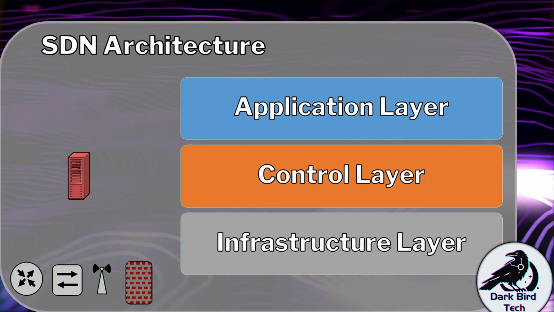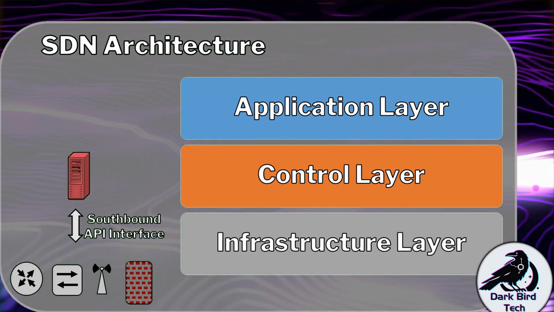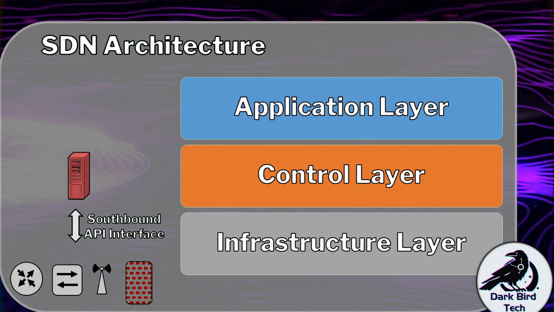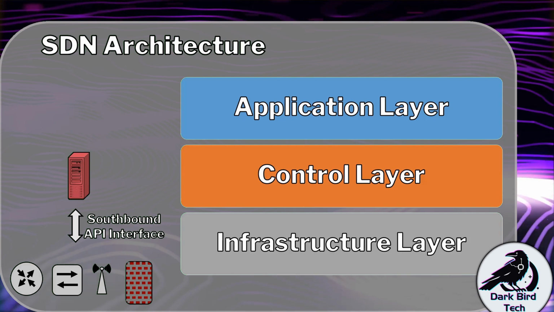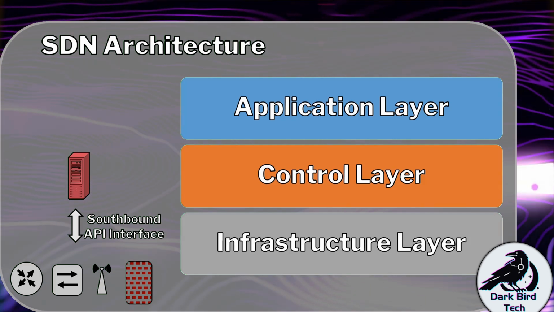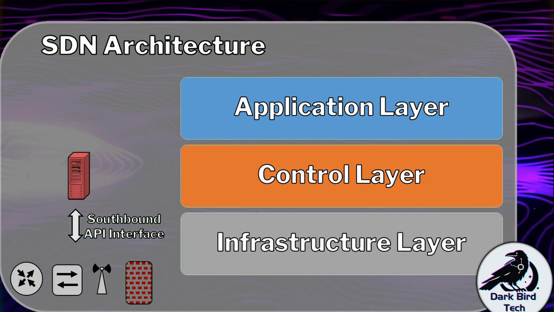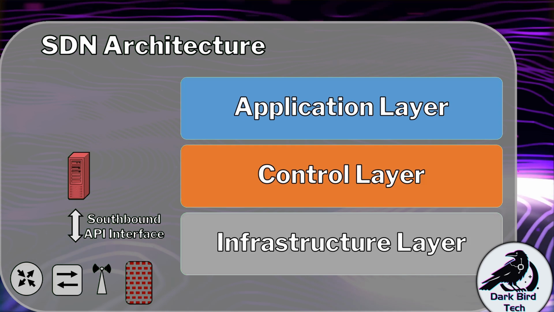And between these two, we'll have something called a southbound API interface. Essentially, a variety of protocols and services that an SDN controller can use to provide instructions and get feedback from the appliances. Amongst them is SNMP, but there are a bunch of other protocols and services that can be used, but that may vary by network vendor.